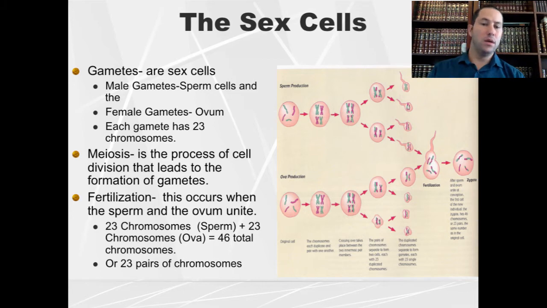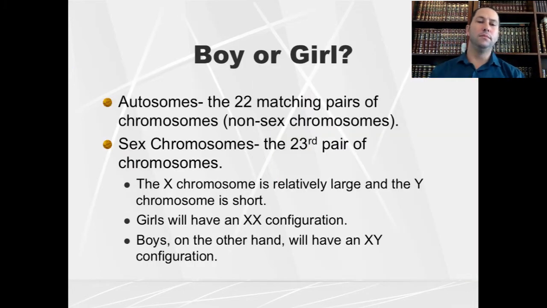All right? So when we talk about boy versus girl, what is a child? Biological sex is determined by the 23rd chromosome. In general, as I showed you on that blueprint, there are 22 autosomes. These are matching pairs. And then the 23rd pair is your sex chromosome. So you have an X or a Y. The X is associated with being female.